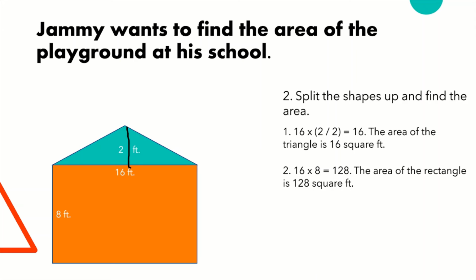So the area of this rectangle is 128 square feet. Yay! We figured out the area of both of these shapes separately. Now we need to add them. So 128 plus 16. I'll give you some time to think again.